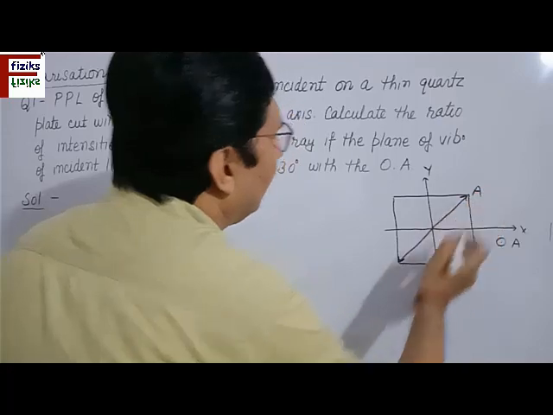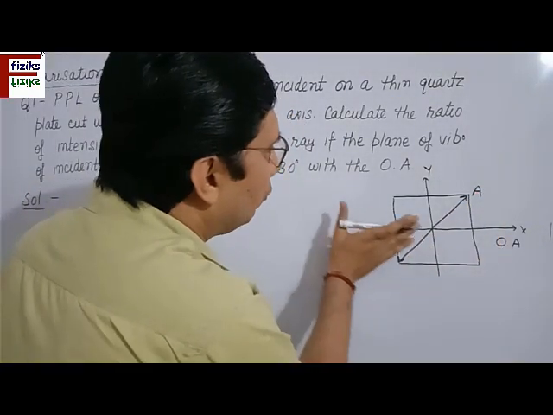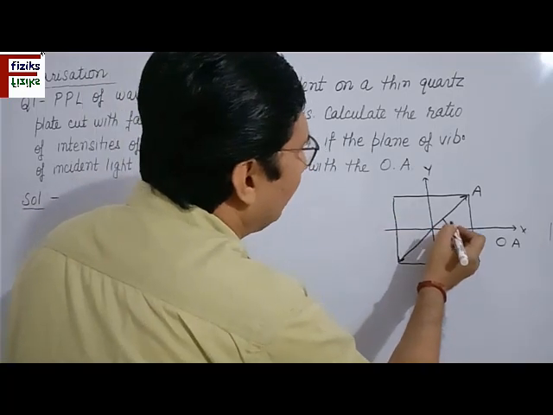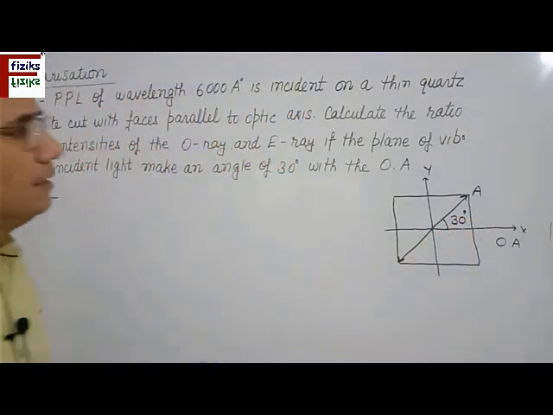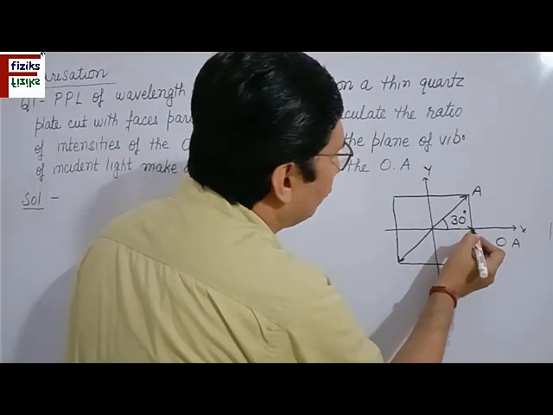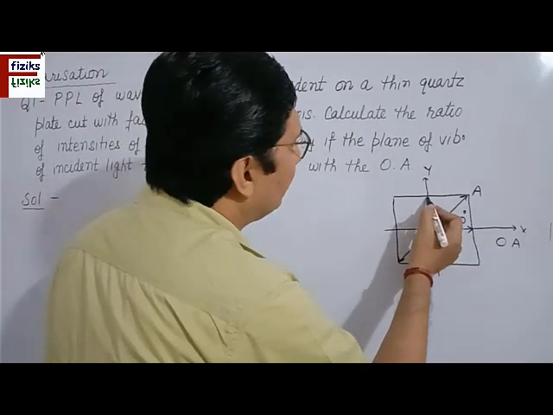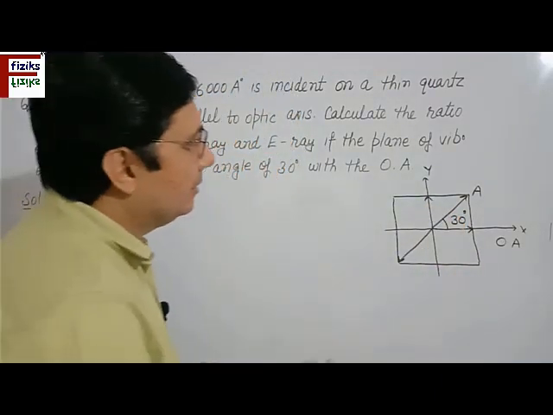So a plane polarized light is incident on this plate whose face is parallel to the optic axis, and this electric vector is making an angle 30 degree with the optic axis. Now this electric vector will resolve into two components. One component will be parallel to optic axis, another component will be perpendicular to optic axis.